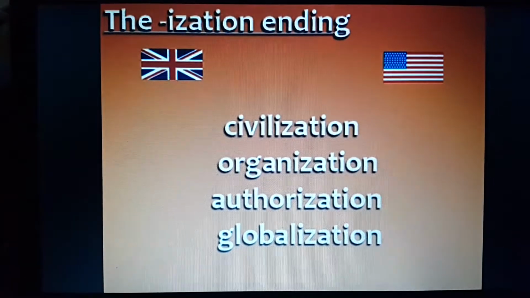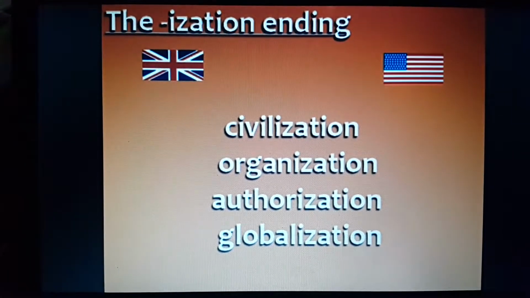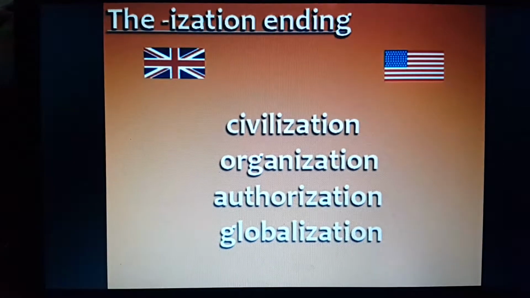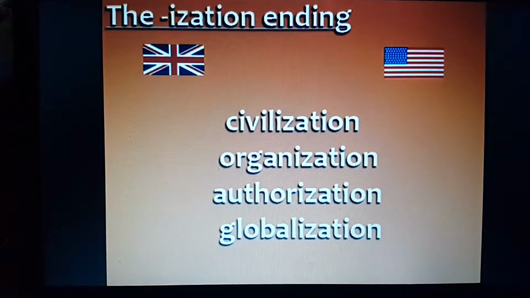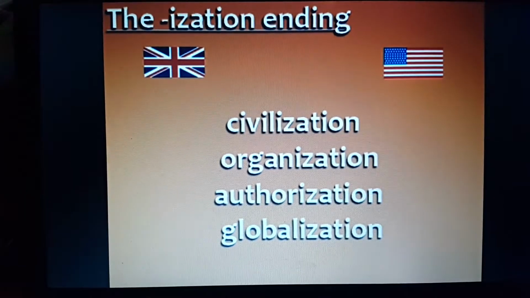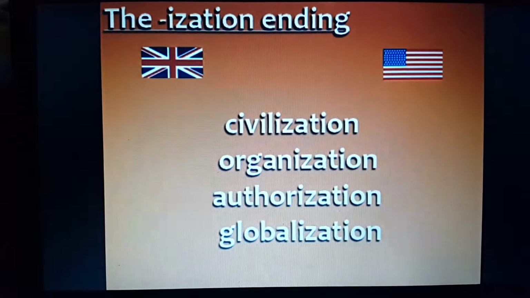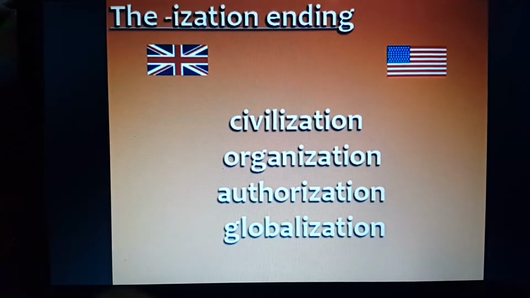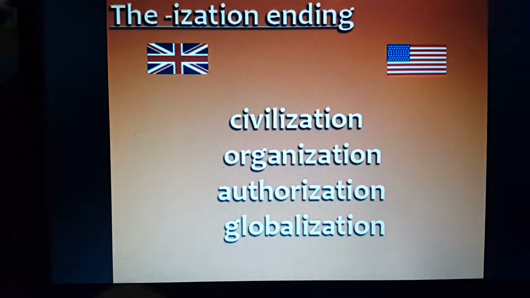Words ending in ization are also pronounced differently. Civilization, civilization, organization, organization, authorization, authorization, globalization, globalization.